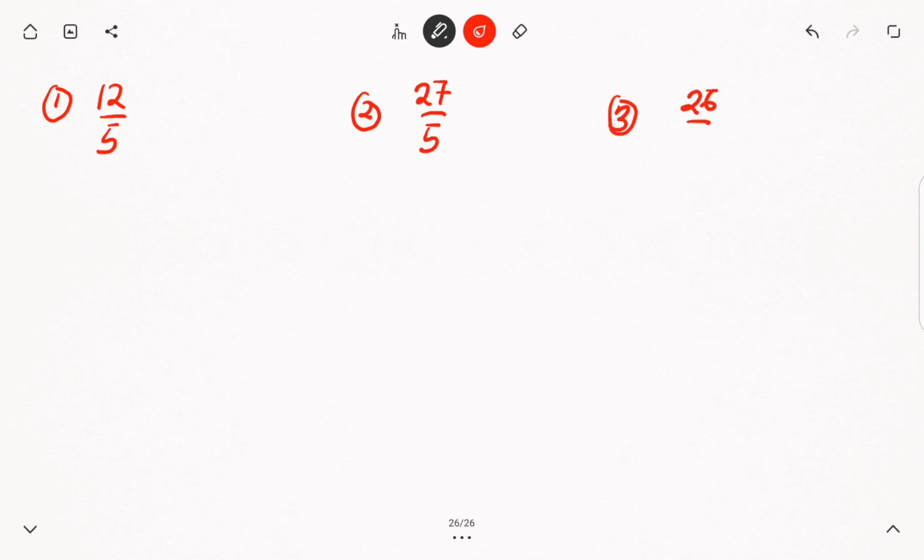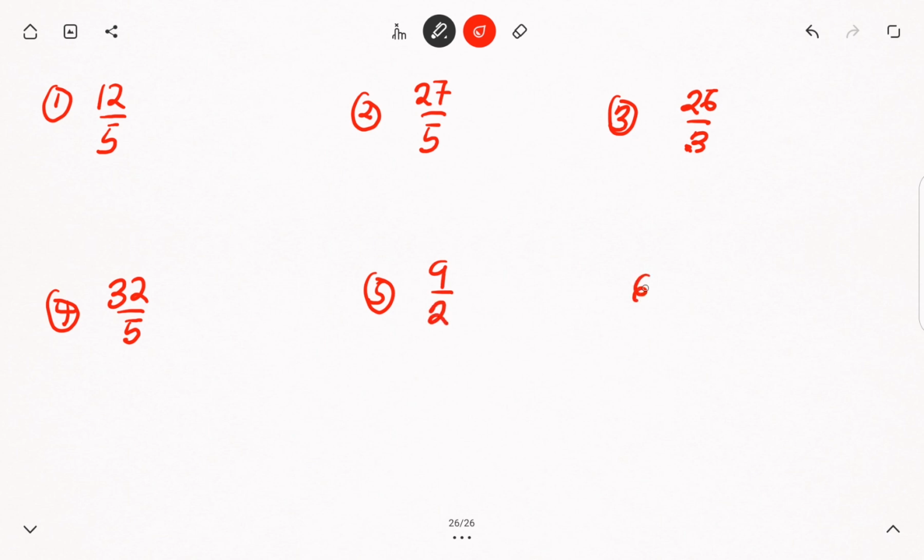Right. So let's try our hands on the following. 1, 12 over 5. 2, 27 on 5. 3, 26 on 3. 4, 32 on 5. 5, 9 on 2.